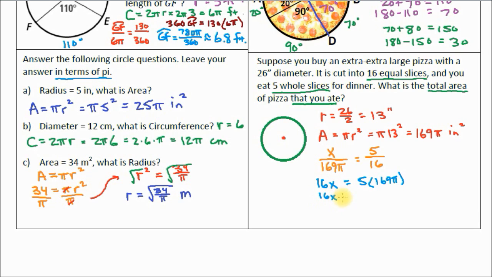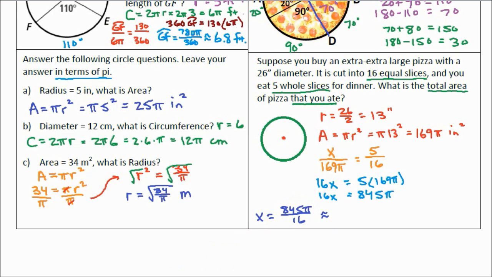So 16x is equal to 845 pi. All we got to do is get x by itself because x is the area that we have eaten over the total area. So we're going to divide both sides by 16. So x is equal to 845 pi over 16.